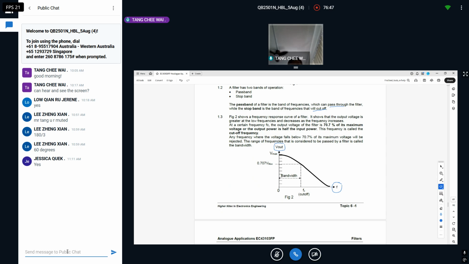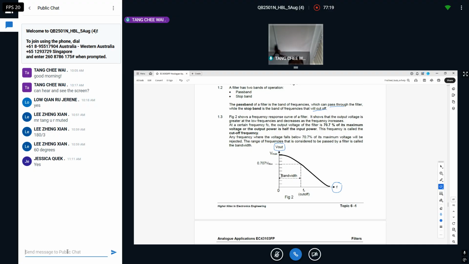To understand this statement, it says that the output voltage is greater at low frequency. Where is our low frequency? Around from 0 here onwards, the low end. At 0 frequency, the voltage is maximum. That's why they say when the frequency is low, the voltage is higher. But as your frequency gets higher, your voltage drops.